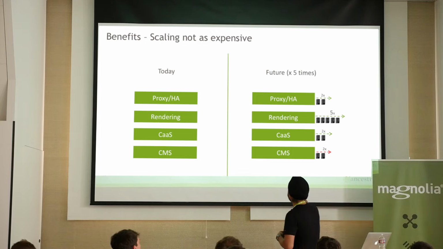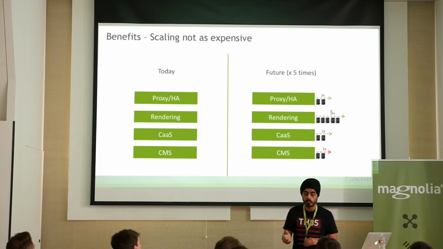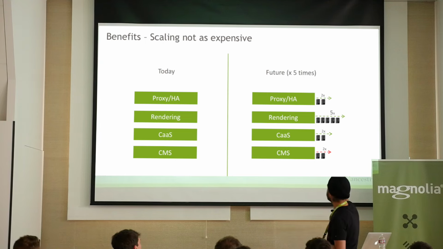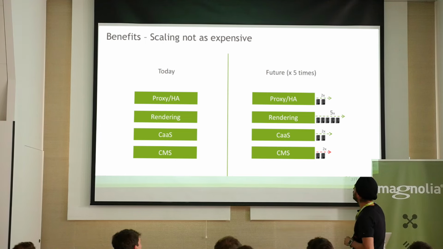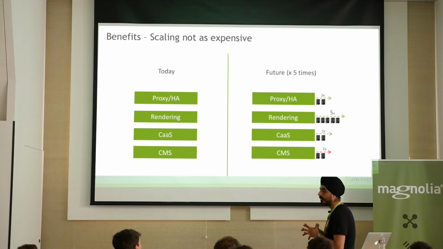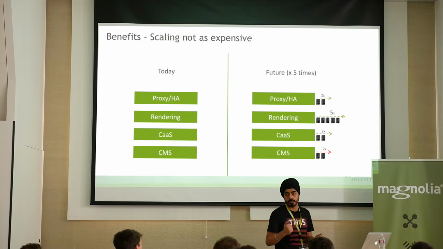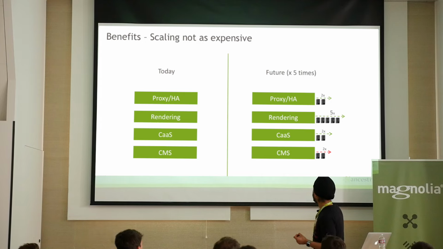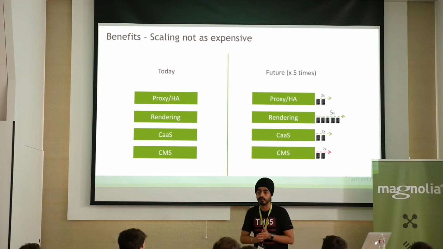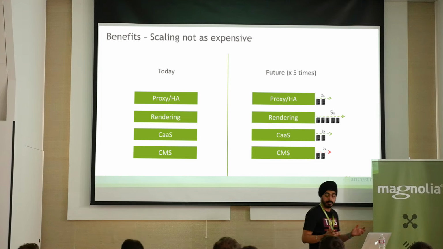So let's say our traffic increases 5 times. What we would need to do is scale our proxy layer 2 times. We need to scale our rendering the most because that's the part doing most of the heavy lifting, right? That's what needs the most scaling. And all the others would not actually need scaling to the same level, right? So I think that's a big win right there as well.